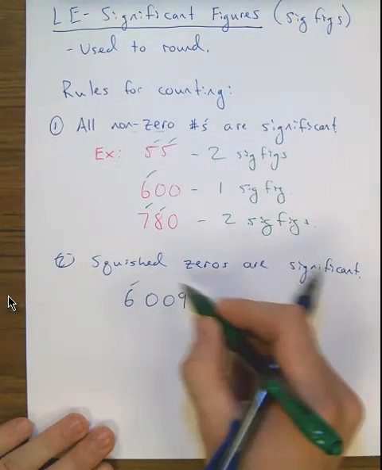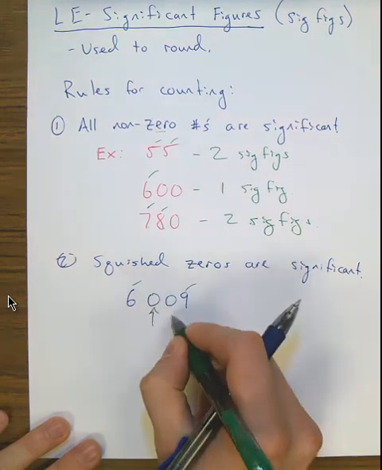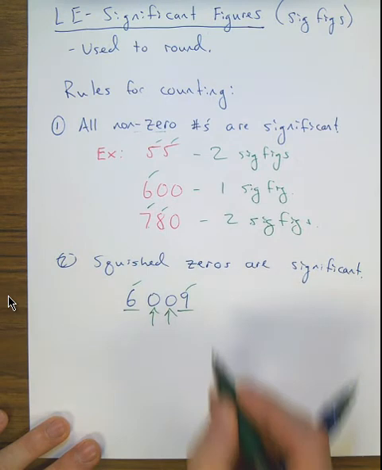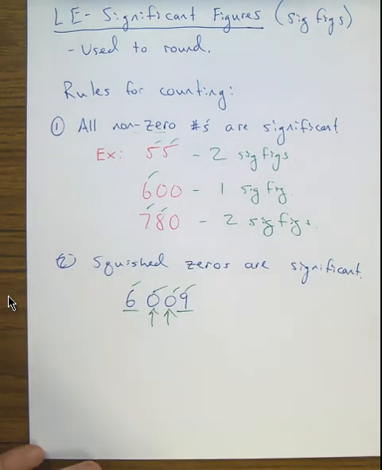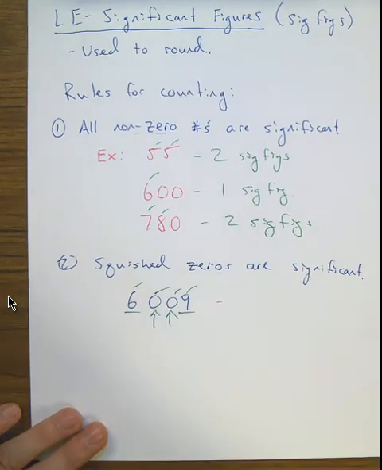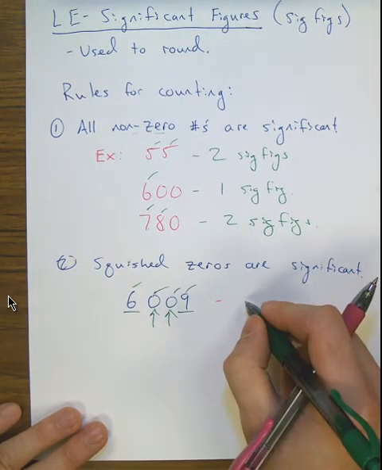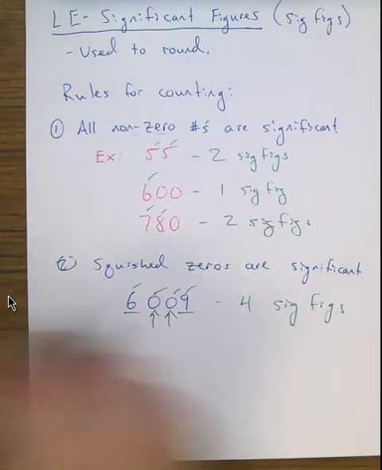So 6 and 9 are automatically significant figures. But see how this 0 and that 0 are in between 2 non-zeros? Because of that, these 2 zeros count as significant. So I have a total of 4 sig figs.